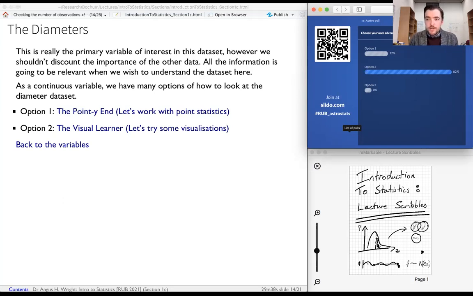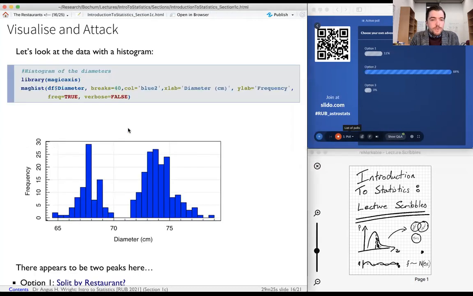Looks like the visualizations are winning out, which arguably isn't surprising. Visualizations tend to be a very good way for identifying and understanding complex data. So we're going to go through the visualization route.